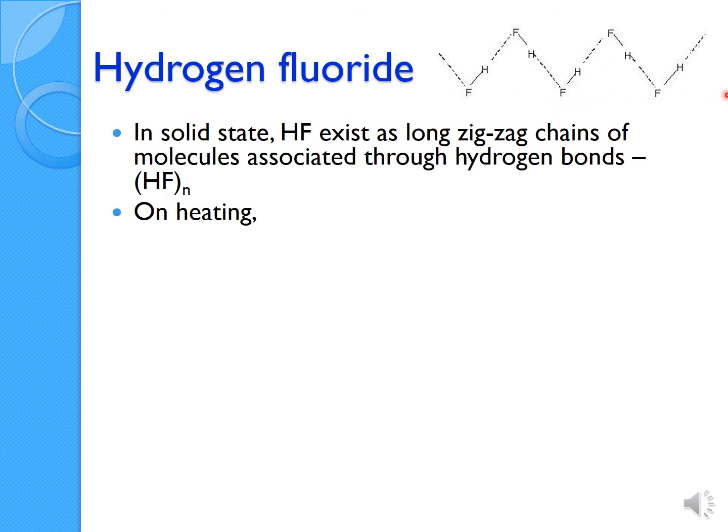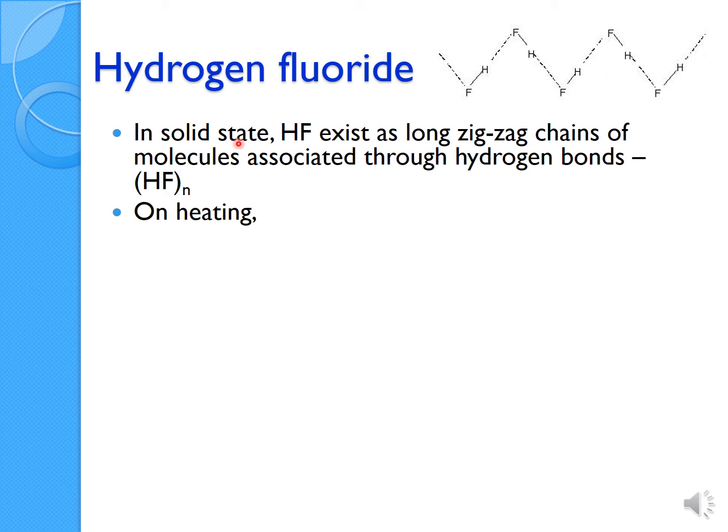And this has already been proved. It has been found that in solid state HF exists as long zigzag chains of molecules, and these chains are formed because of hydrogen bonds. That means these molecules are associated through hydrogen bonds.